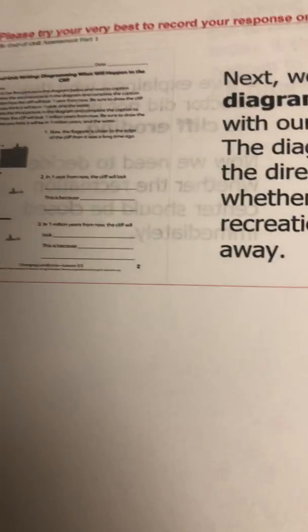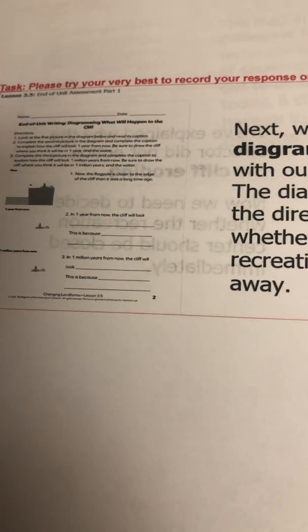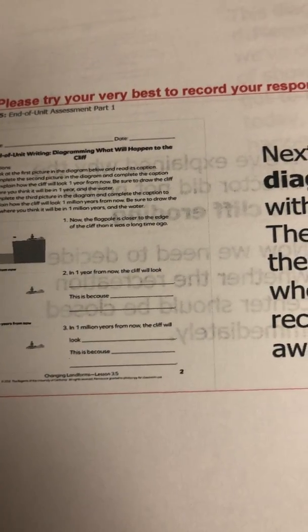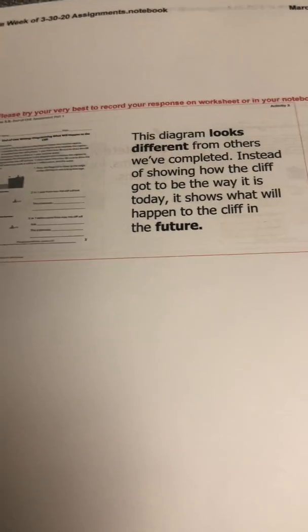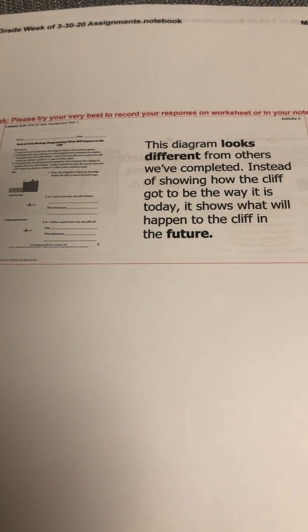So once you look at the picture and the captions, I want you to be able to make a hypothesis what the cliff may look like 1 year from now and 1,000,000 years from now, giving reasons why to both responses. The diagram looks different from others we've completed.